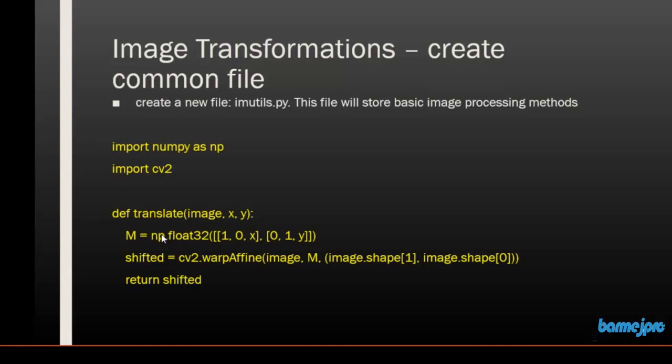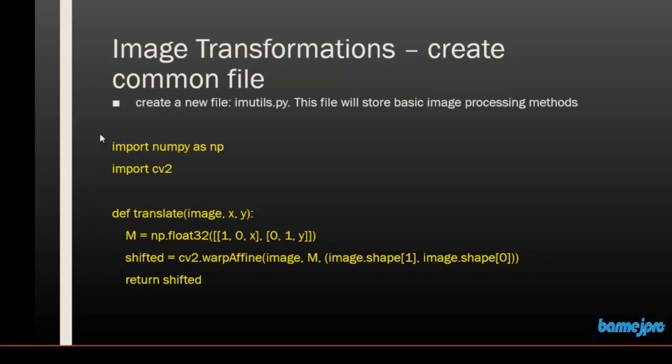So we are using the float32 function of numpy and passing the arguments: the x value and the y value that we got into this function as arguments. Then we perform the warpAffine function, shift the image, and return the shifted image.